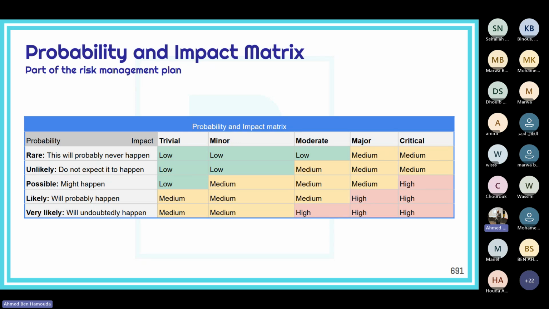Changing the assessment of the potential impact maybe is not as frequent as the probability, but the probability of risks is something that could change at any moment.